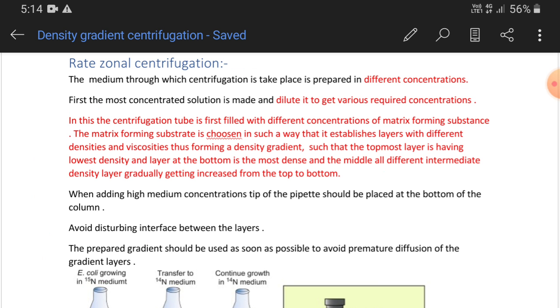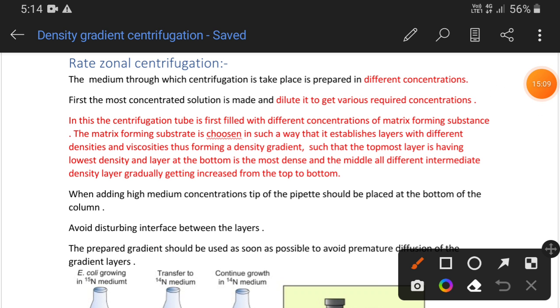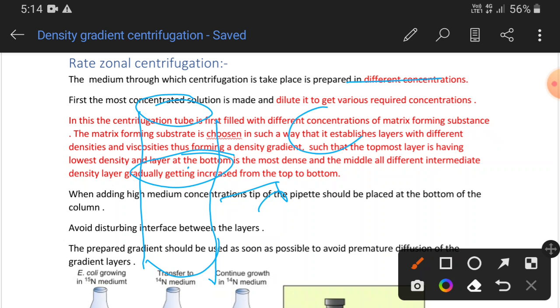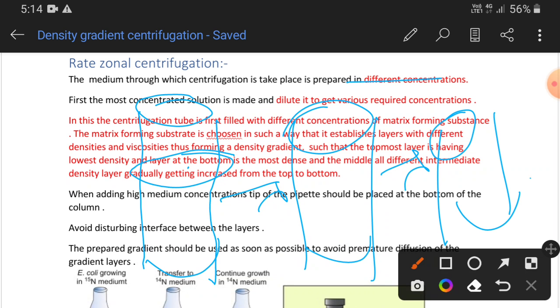So the first goal of rate zonal centrifugation is to prepare the media. The media will be prepared in different concentrations. First of all we will prepare a concentrated solution, then we will dilute it to get our required concentrations.